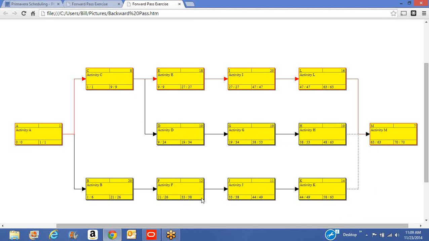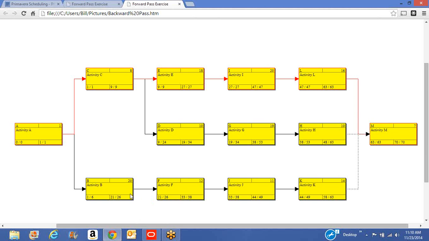Activity F can finish on day 38, but moving forward on the forward pass, we came up with day 33, a difference of 5. We subtract 12 from 38, we get 26. Again, it's a difference of 5 versus the number we came up moving forward. Then activity B finishes on day 26, or it could finish on day 26, but on the forward pass we came up with 21, so a difference of 5.